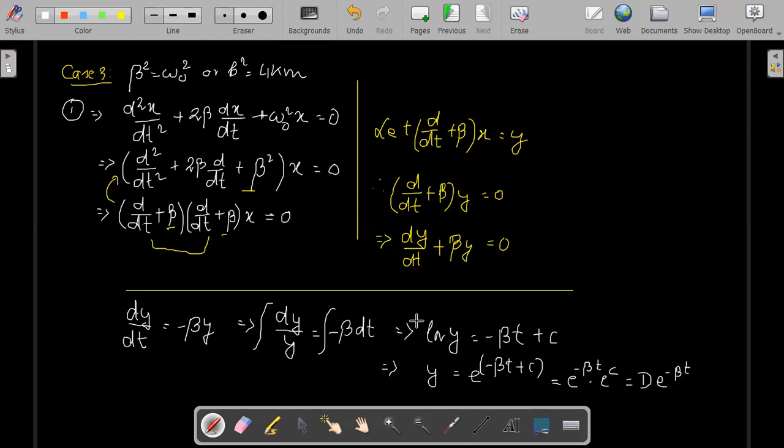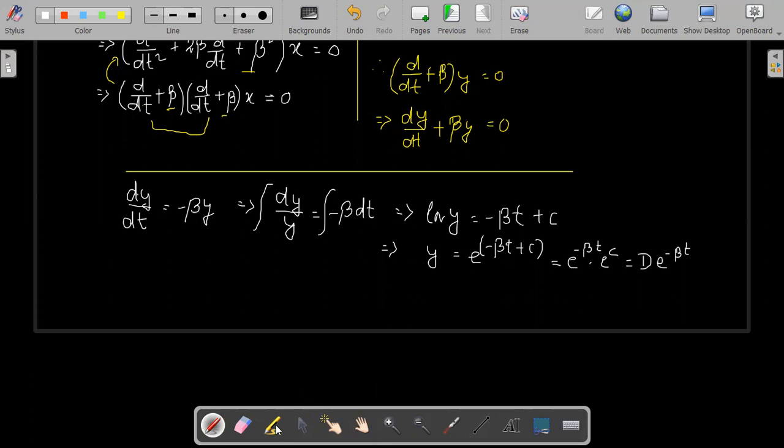So this is our y, and we are going to solve it further. What we have now is y is equal to D e to the power minus beta t. But y is a term that we have introduced, it was not there. Y is nothing but this particular term, so we are going to replace it here.